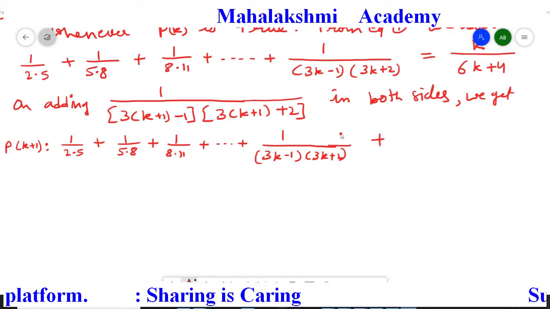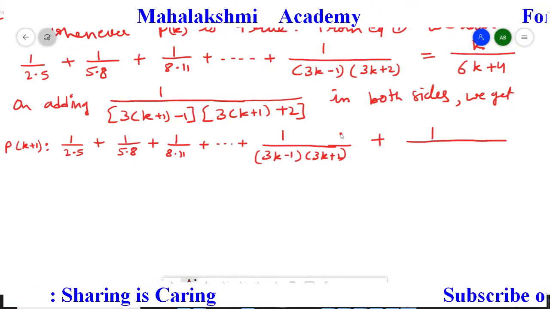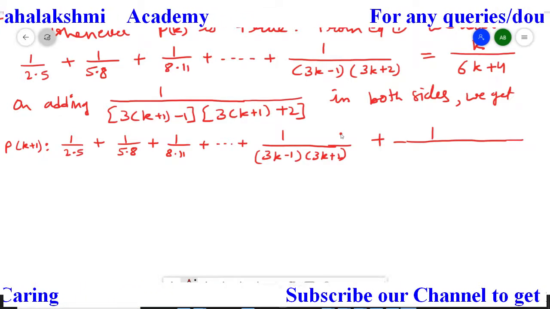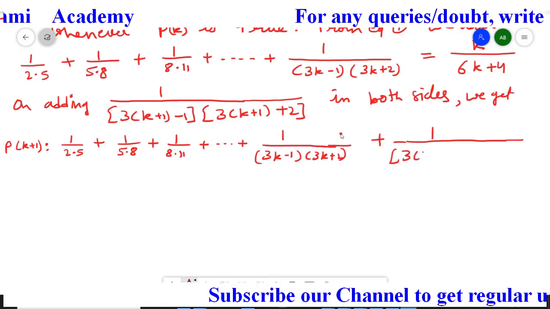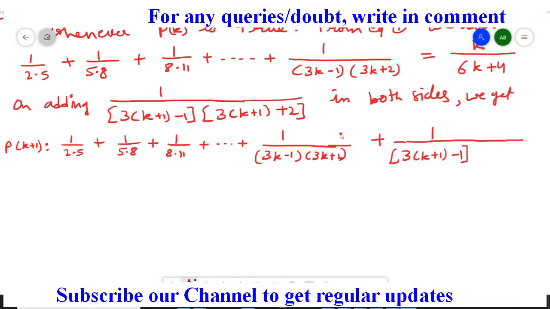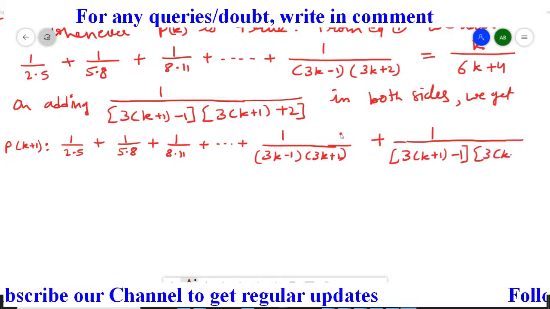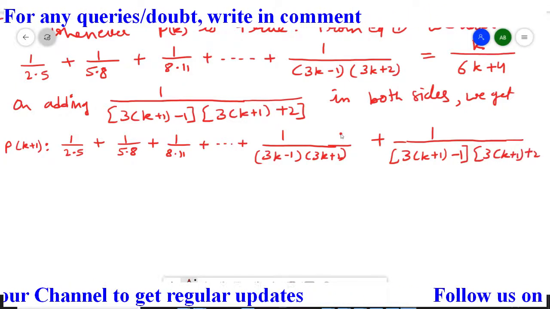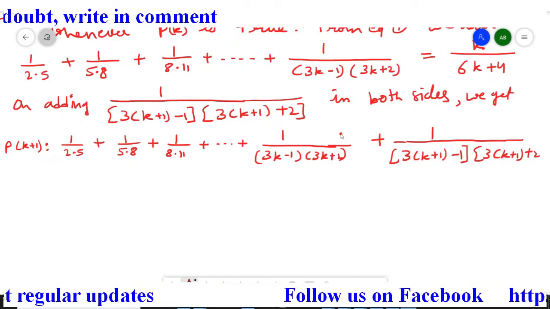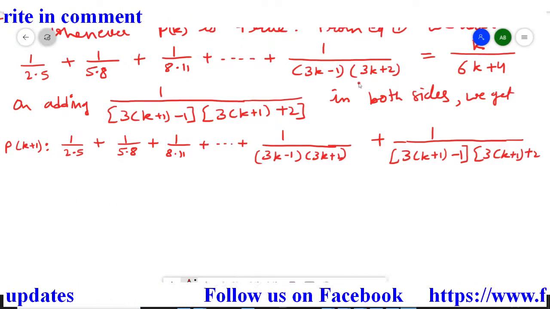Now in this we have to add additionally big bracket 3k plus 1 minus 1 and 3k plus 1 plus 2. Now this is our left hand side. This is our left hand side of this equation.